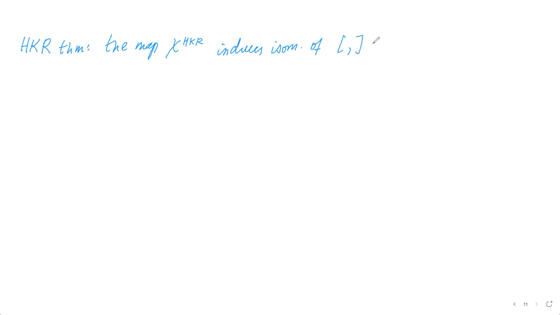That is to say, it intertwines the Schouten bracket of P and Q with the Gerstenhaber bracket of their images on cohomology.